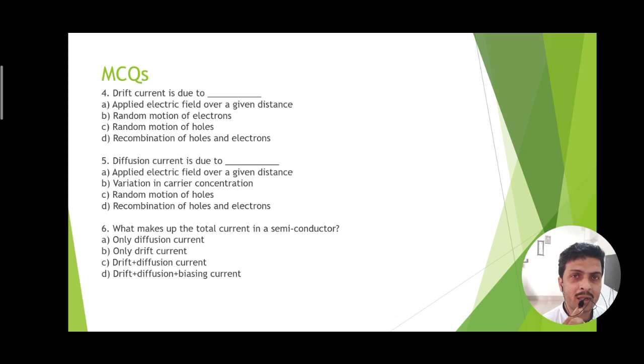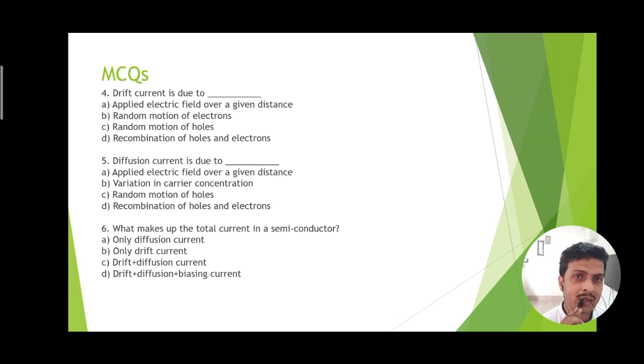Diffusion current. Diffusion stands for the concentration gradient. So let us see where it is written. Applied electric field over a given distance, variation of carrier concentrations, random motion of holes, recombination of holes and electrons. So obviously the correct option is B, that means variation of carrier concentration.